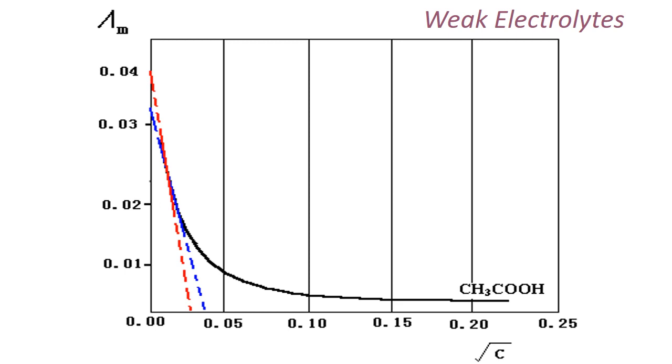Here acetic acid shows a very low value at higher concentration, but at very low concentration, infinite dilution, it shows some value, but it is not touching the y-axis. So we can extrapolate the graph and get some value.